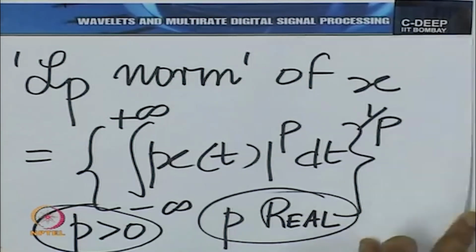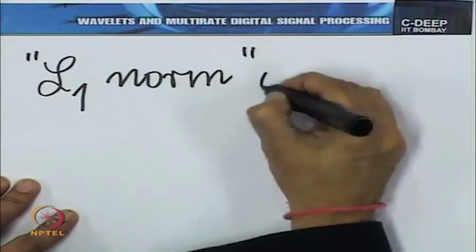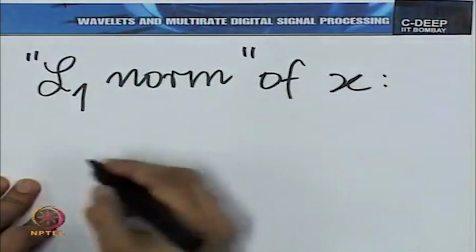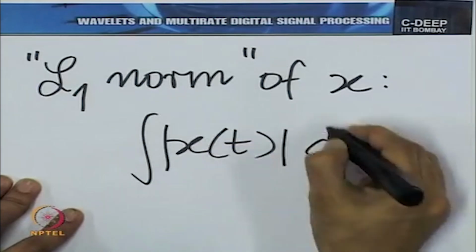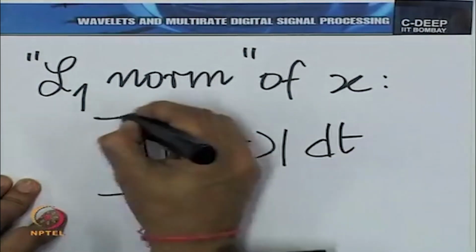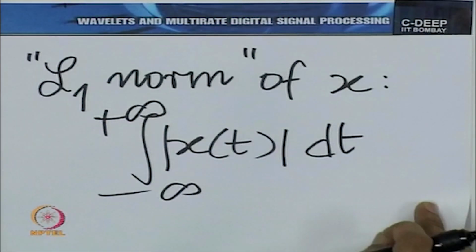What would an L infinity norm be? Let us take some examples. What would an L1 norm be? It would essentially be the integral of mod x(t). The L2 norm we already know. What would the L infinity norm be?